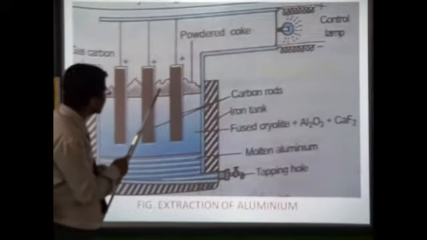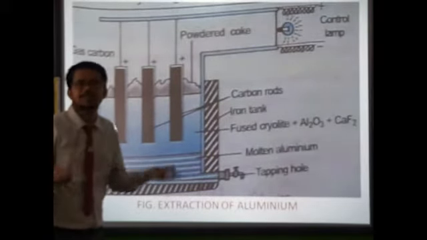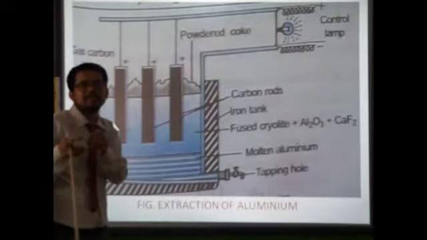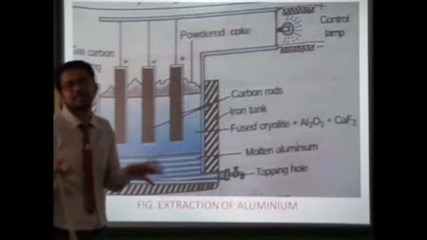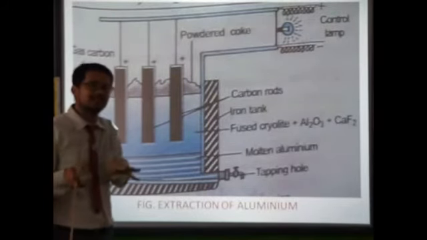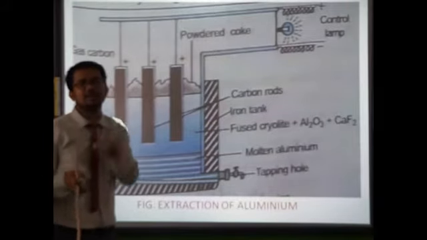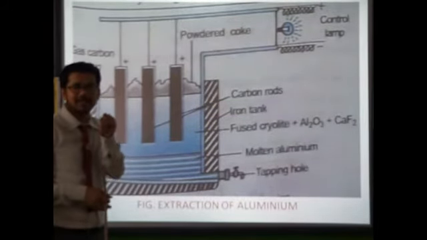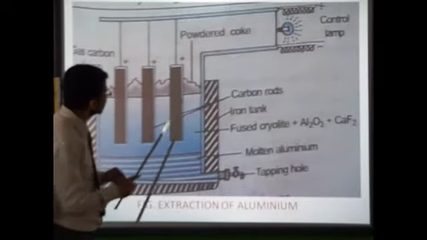But this powder coke does not allow loss of heat. Whenever there is loss of heat, the 950 degrees Celsius temperature is not maintained. It should not be less than 950, otherwise alumina will not melt. Alumina will melt in presence of cryolite at 950 degrees Celsius.